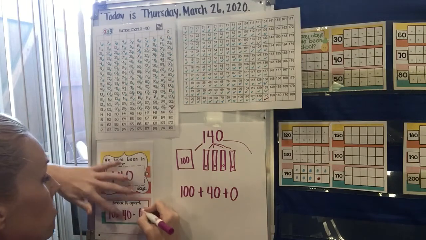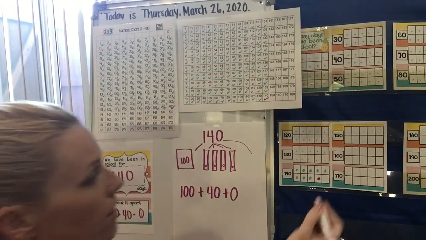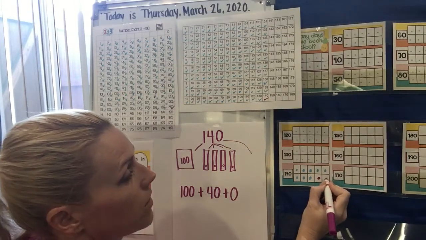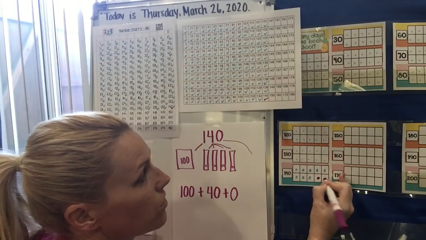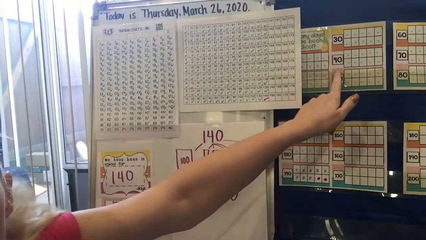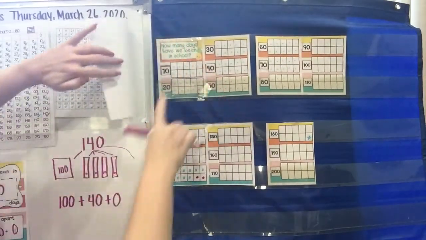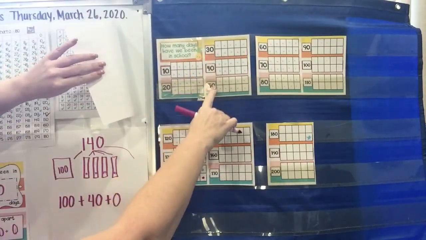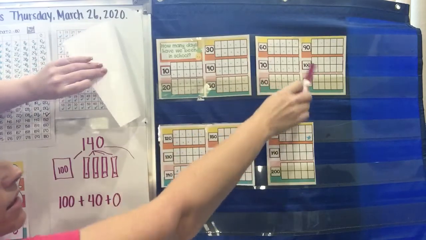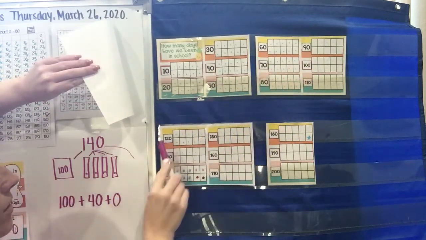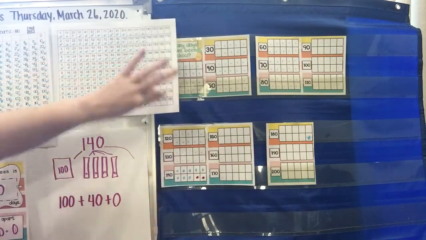40 and 0 1s. And then if we go to our 10 frames, we're going to add 1 more circle right there. Let me turn that for you. We've got 10, 20, 30, 40, 50, 60, 70, 80, 90, 100, 110, 120, 130, 140.